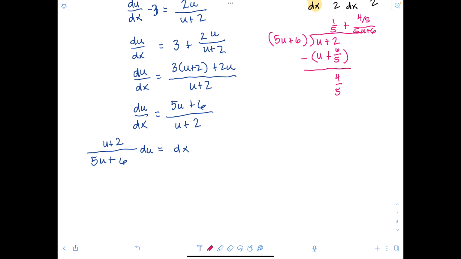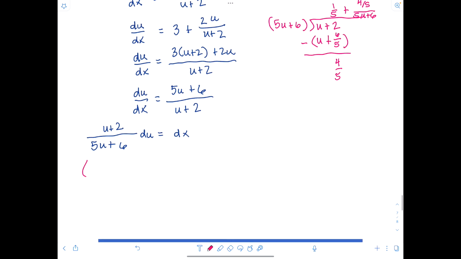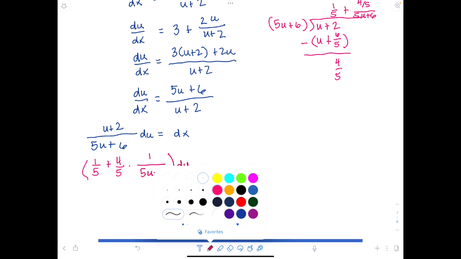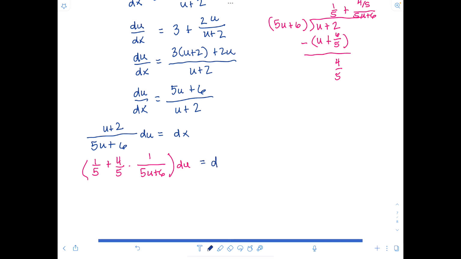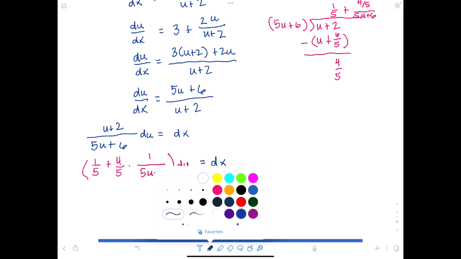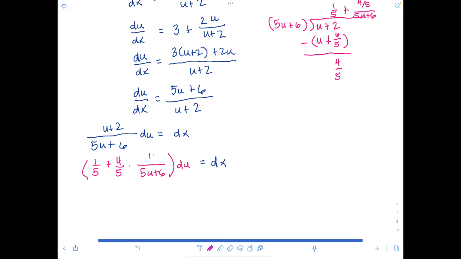Groovy? All right. So now we're going to rewrite it in that form. So this would be 1/5. We can factor out that 4/5 times 1 over 5u plus 6 du equals dx. Now, in order to integrate that last one, we are going to need a factor of 5, aren't we?